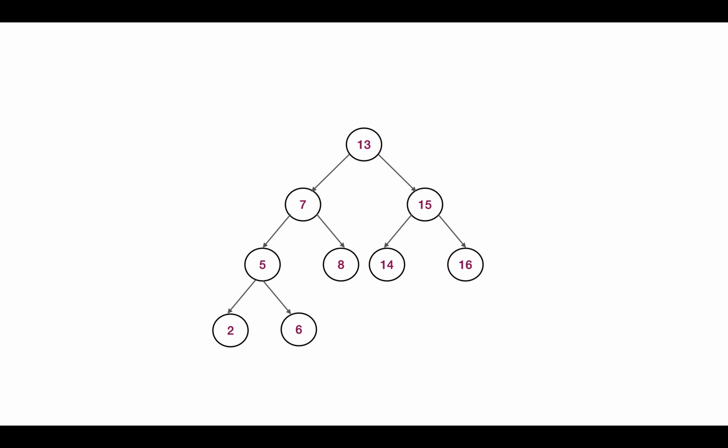Now let's talk about the search operation. Just as we did the insertion, same way we are going to do the searching. If we are searching for a bigger or equal value, we search it in the right, and for a smaller value, we search it in left.